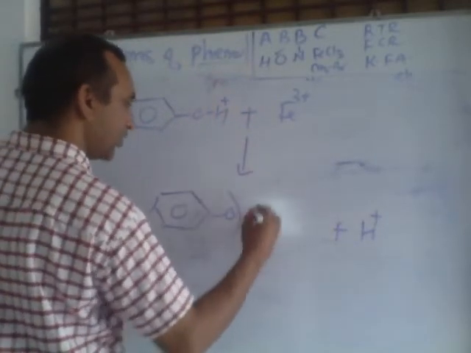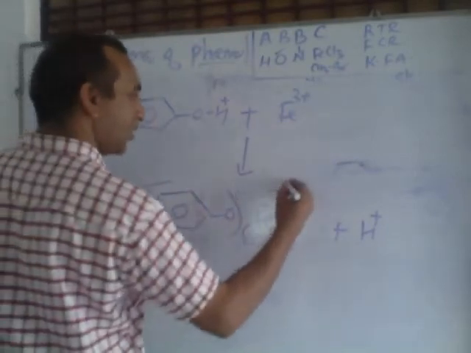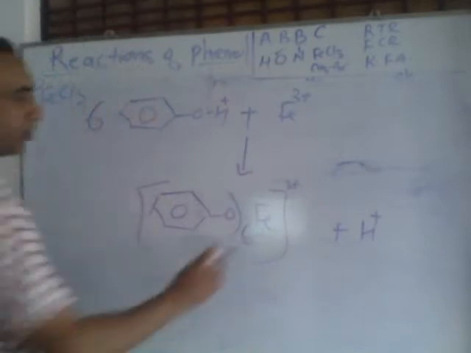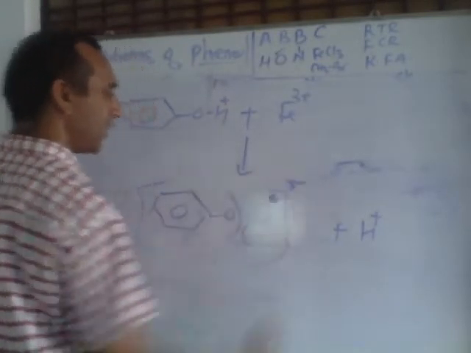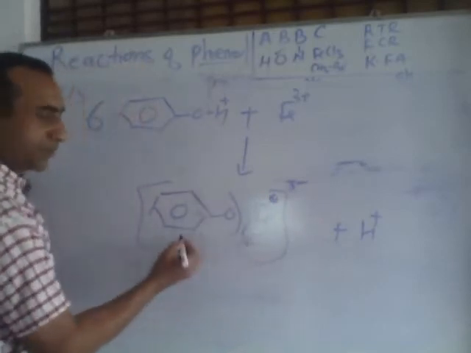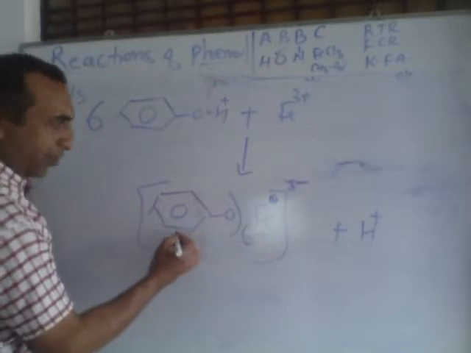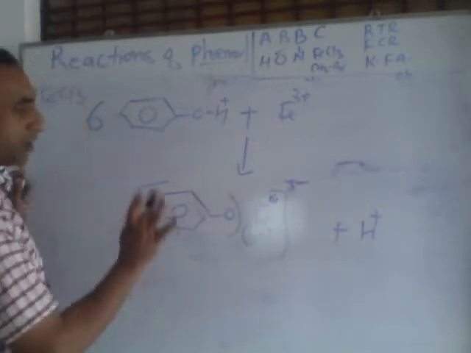O whole 6 Fe. Here the charge is Fe3+, the oxidation state is plus 3, and here a 3 minus charge is formed. This compound is called hexaphenoxide iron, otherwise ferric phenoxide. This is a complex.